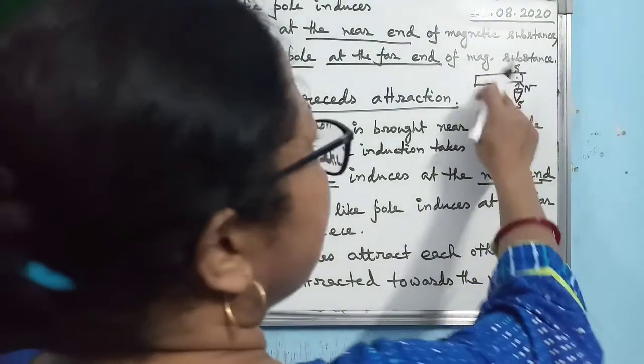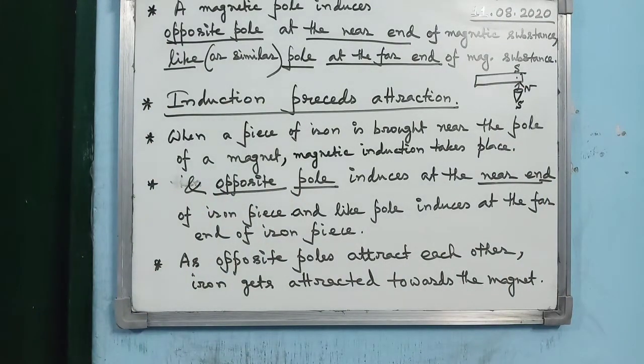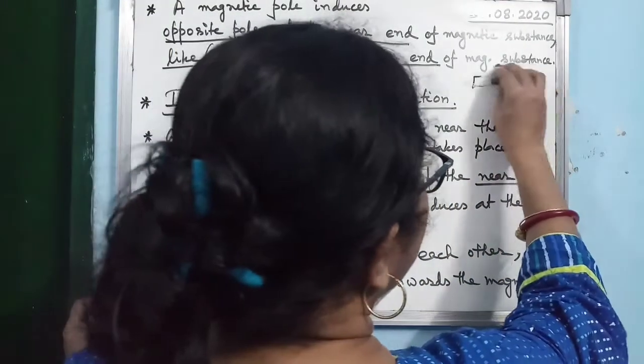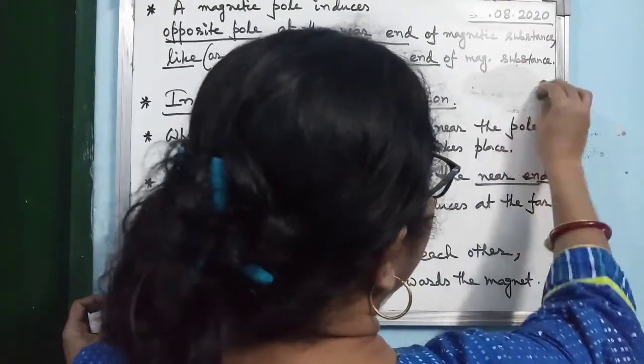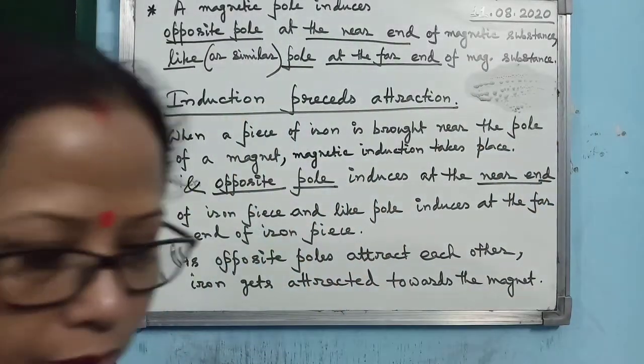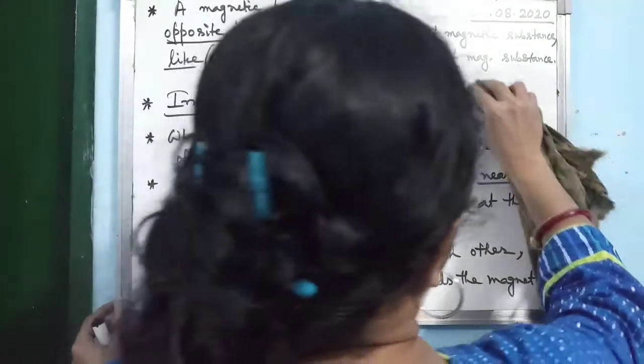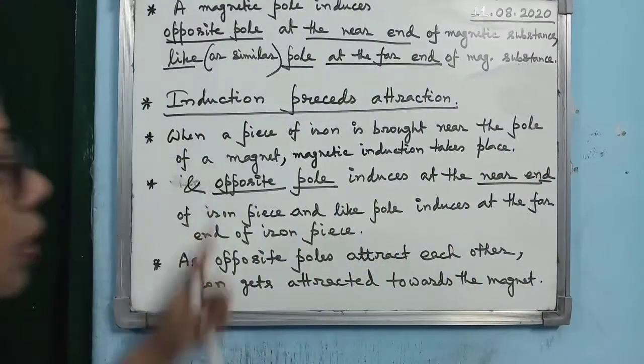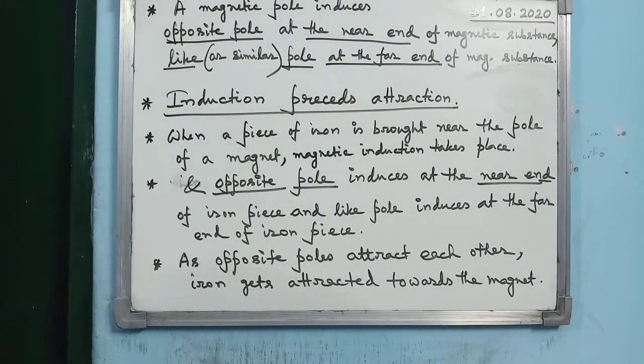Now this portion, please do not draw this diagram. I have just drawn this diagram for clarification. There is no need to write or draw this diagram. So this is the clarification of why a magnet attracts an iron bar.